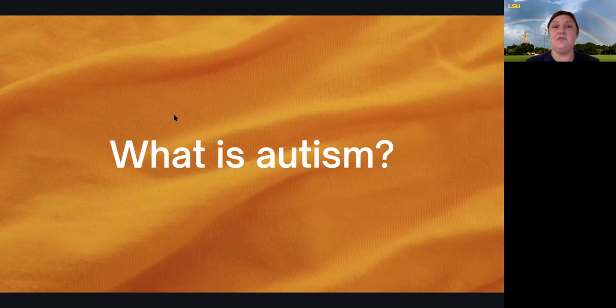So you may see an autistic child twirling or putting their fingers in front of their eyes, or even doing things like wanting to lick people or wanting to run and hug people real tight. All of those things are related to sensory perception, and that's something that gets cut out of the definition of autism pretty often, but is very important.